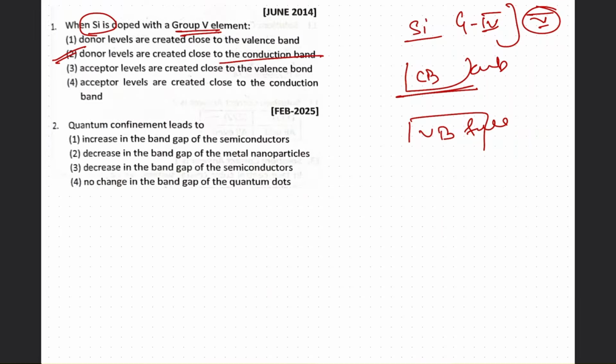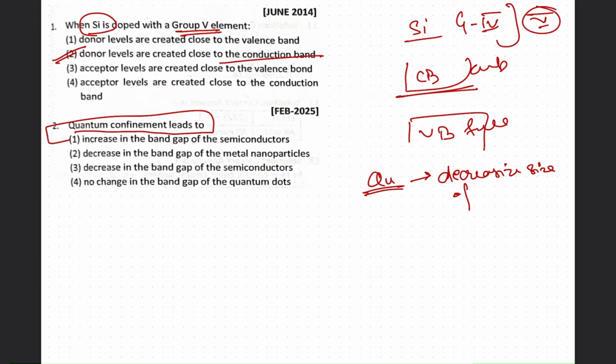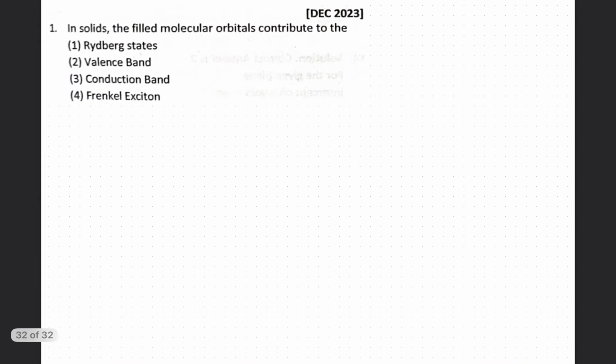So this is the second answer. Quantum confinement leads to, basically quantum confinement is decreasing the size of the particle, right? When we decrease the size, the gap between the valence band and the conduction band will increase. So the first option will be the right option.